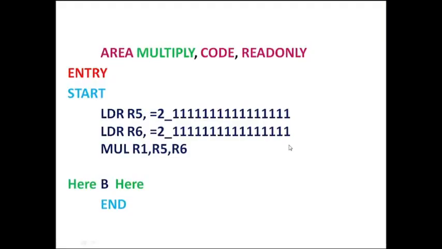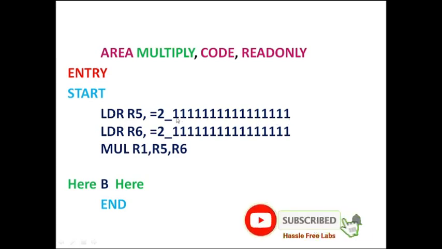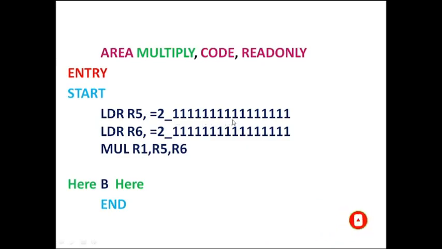So how to do this task? This is the way we can execute the multiplication of two binary numbers which are 16 bits long. The instruction we have to use here is LDR. Instead of the MOV instruction, LDR R5, equal sign. This is the way of specifying the binary number, as we have seen in the previous program itself: 2 underscore followed by the binary bits which represent the target number.